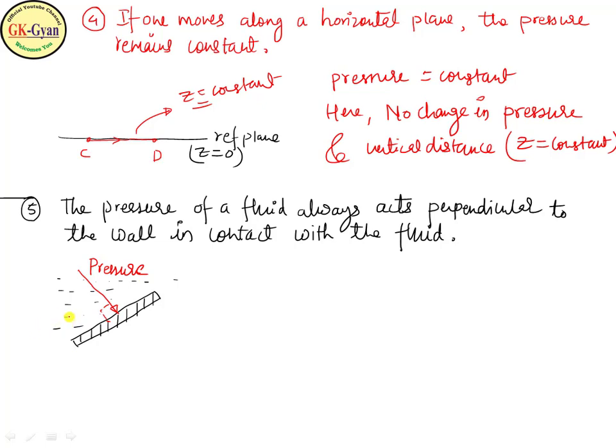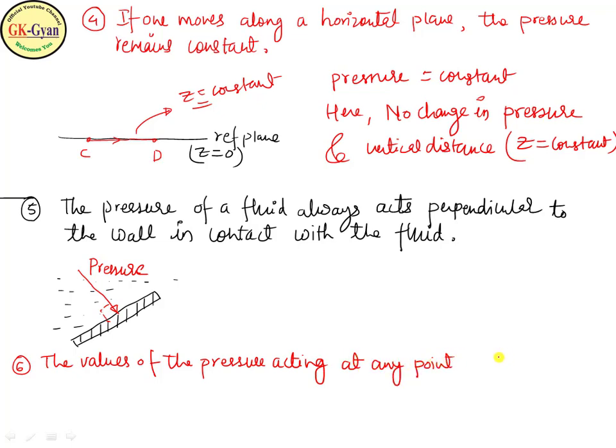Okay. Now the sixth property: the values of the pressure acting at any point in a fluid at rest are equal regardless of its direction. It is important, at rest.